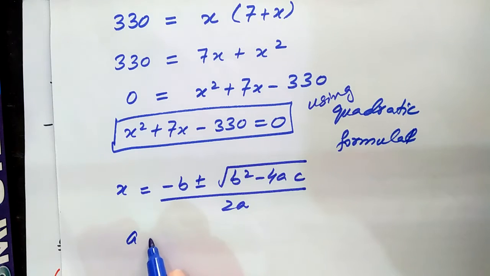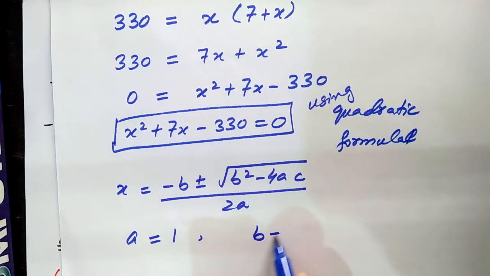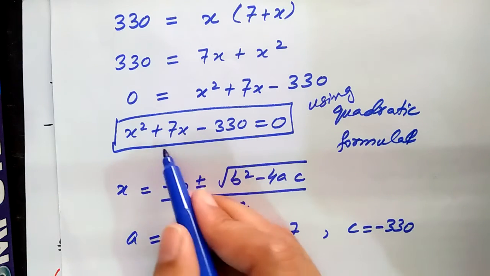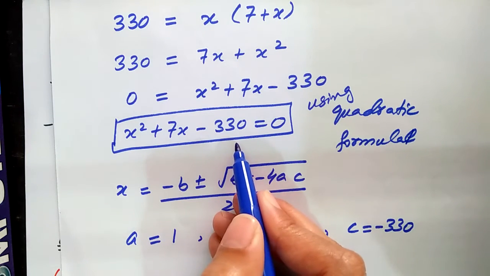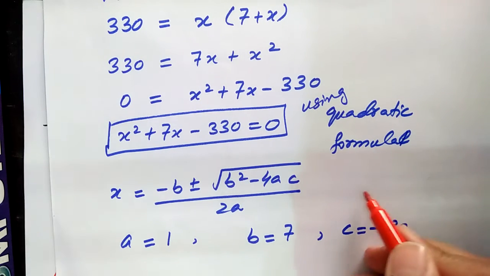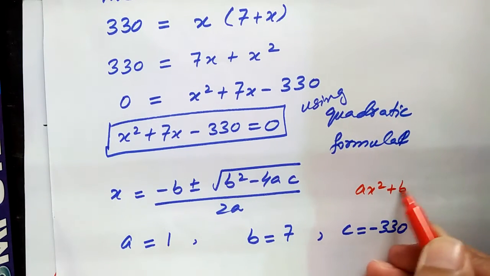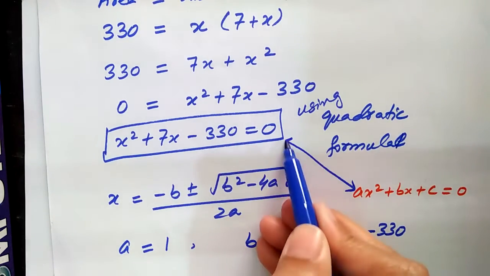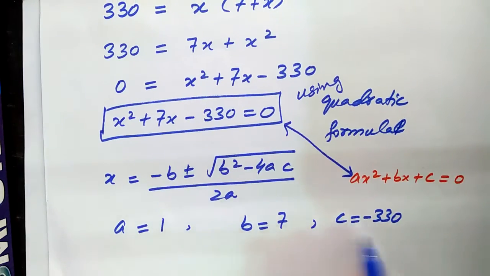Now a here is 1, b is 7 and c is minus 330. How did I get these values? Basically, I compared my equation with the general quadratic equation, that is ax square plus bx plus c equals 0. So by comparing both equations, I got the values for a, b and c.